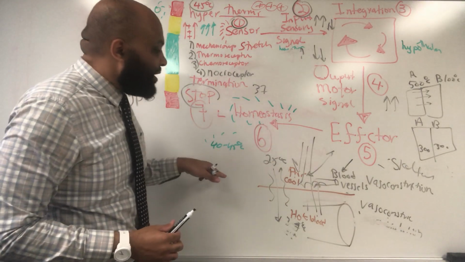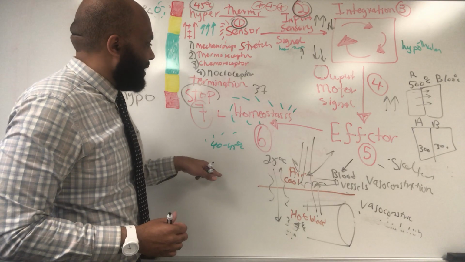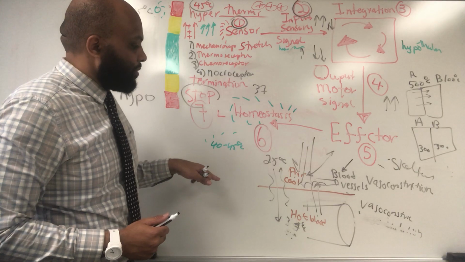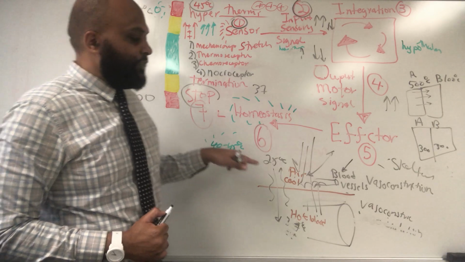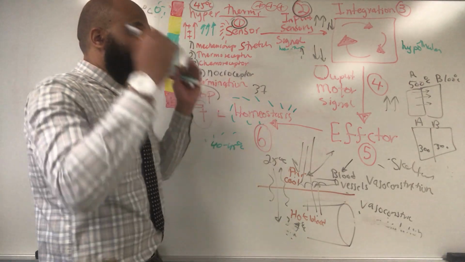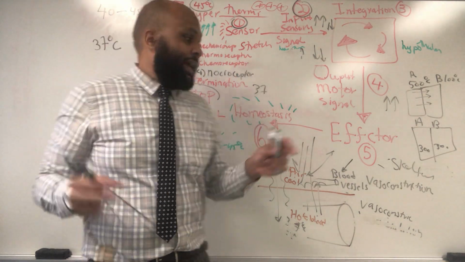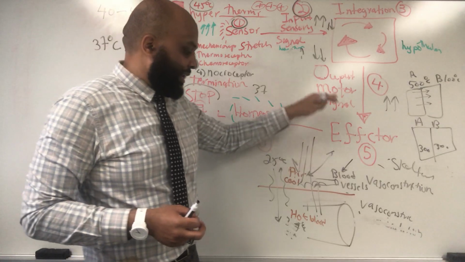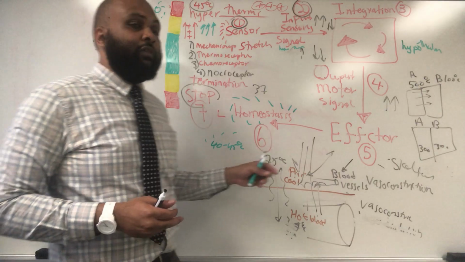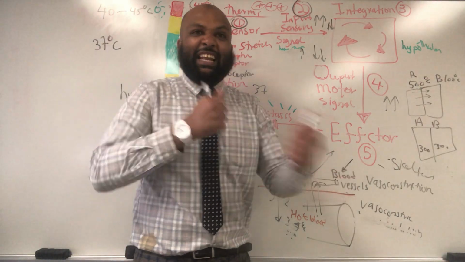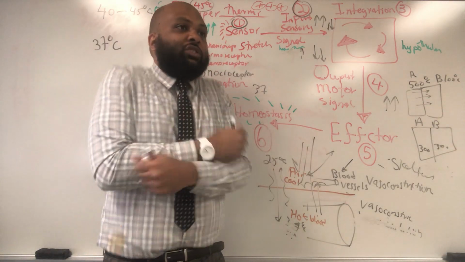Now what happened here is that we shift energy also. Your hypothalamus will send action potentials, electrical energy, and the electrical energy is going to be converted into skeletal muscle energy. So now you're going to start shivering.